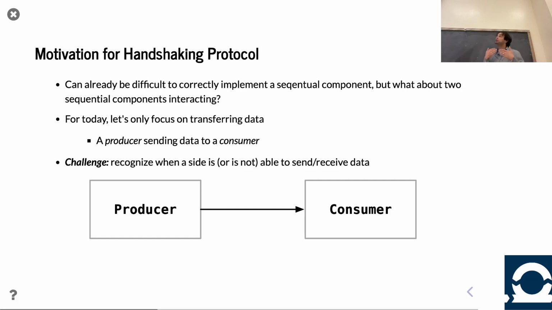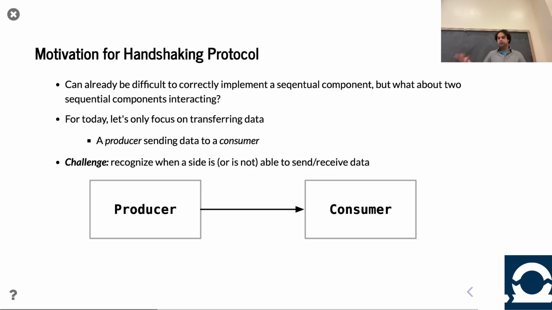If there's a bi-directional relationship, we'll think of that as two producers and two consumers, going both ways. But for now, let's focus on one direction, from the producer to the consumer, right? And like I said, both sides are sequential components, where both sides have internal state. This is a non-combinational path between them.